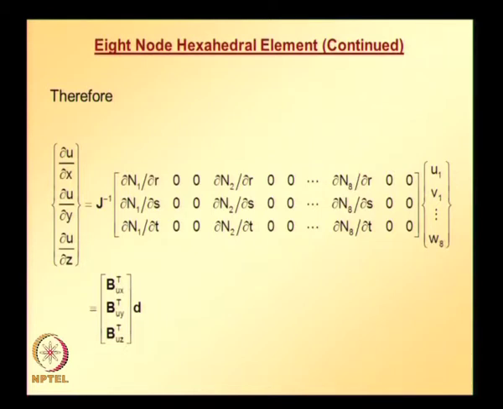So, this gives partial derivatives of displacement along x direction with respect to x, y, z. Similar relations can also be developed for partial derivatives of displacement components along y direction and z direction with respect to x, y, z.